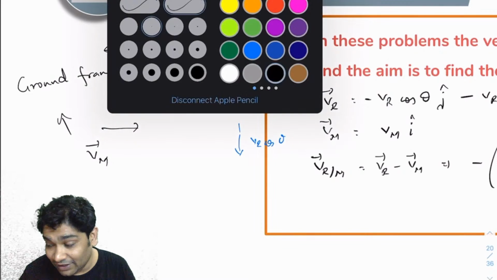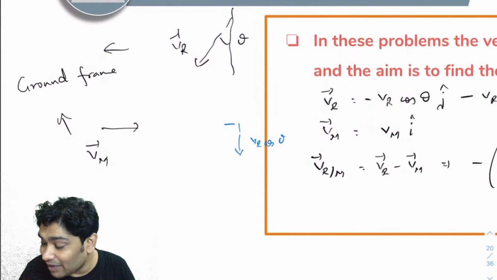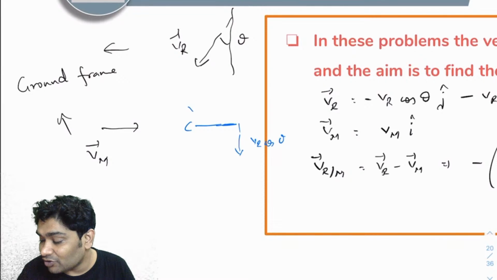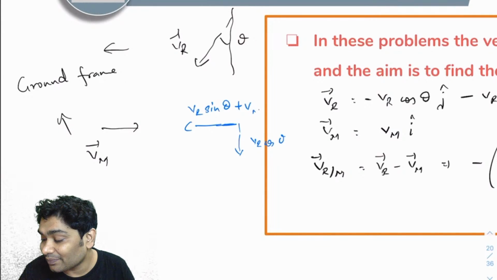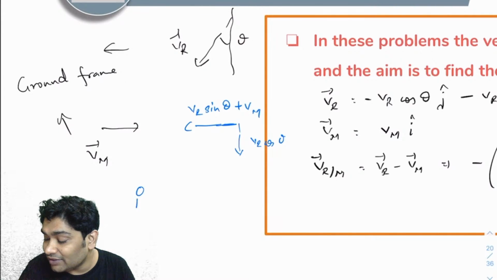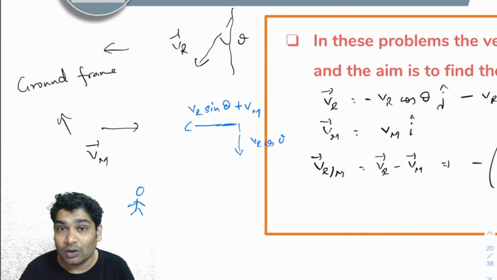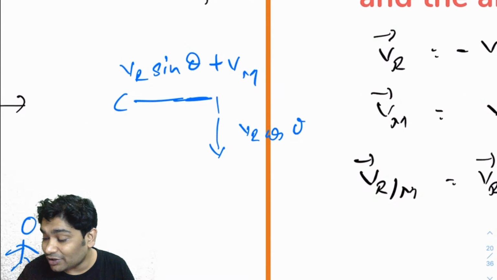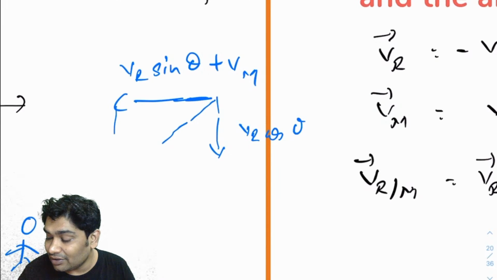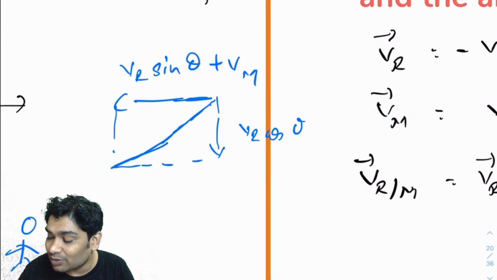Everything in blue is being made in the man's frame. So he will have this kind of velocity, which would be Vr sin theta plus Vm. And here the man would obviously be stationary now. So what would be the direction of rain now? I can make a parallelogram, and this is the velocity of rain with respect to man.